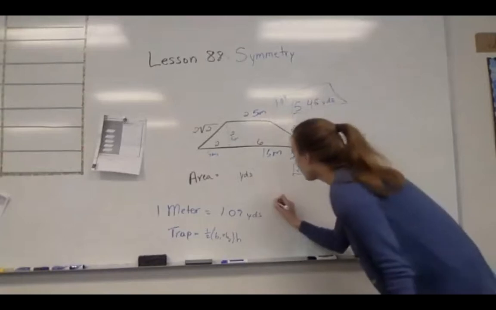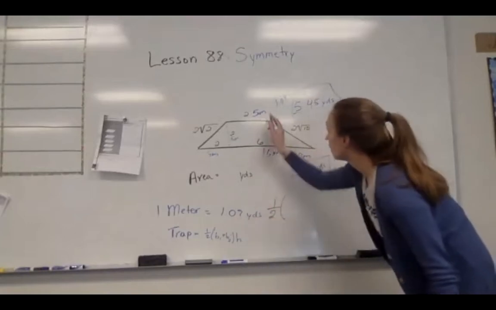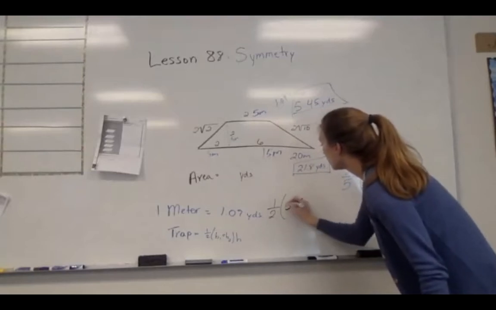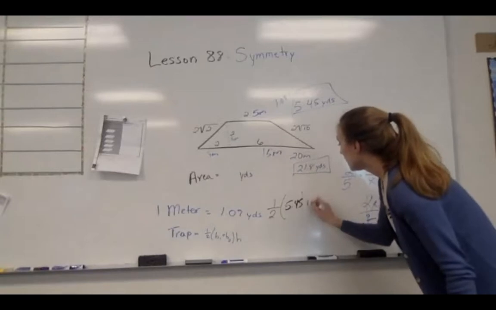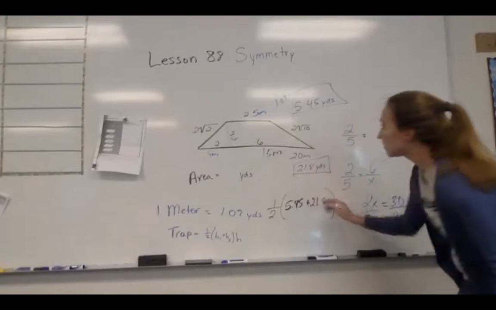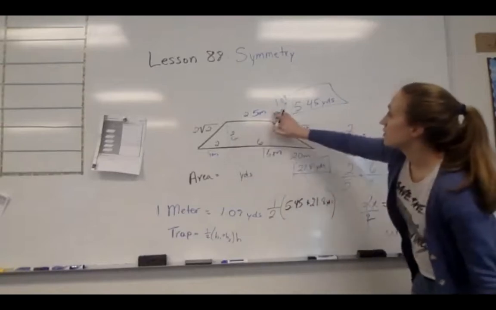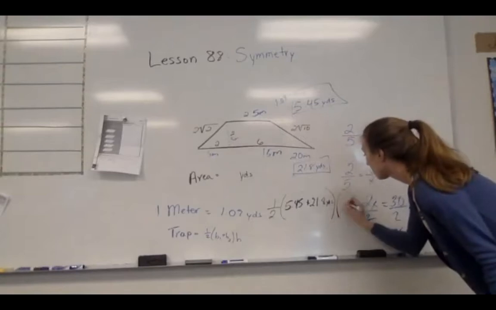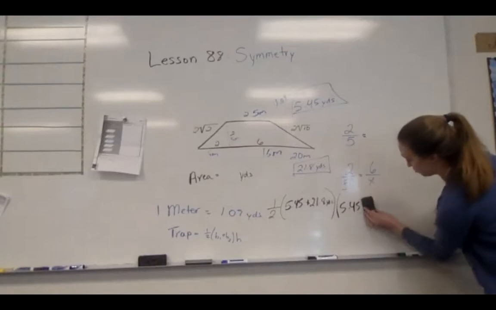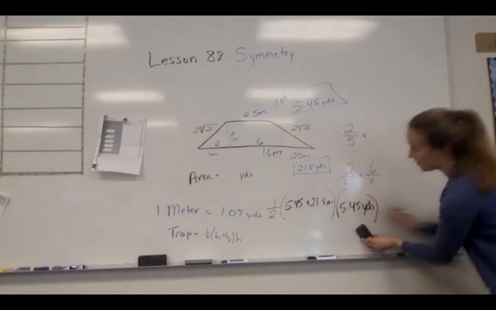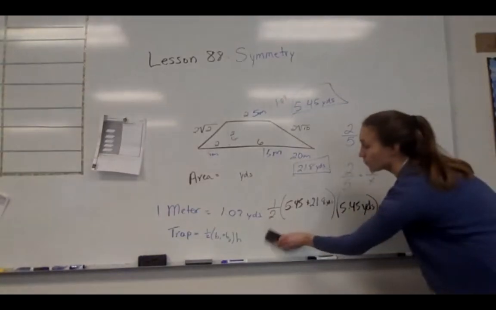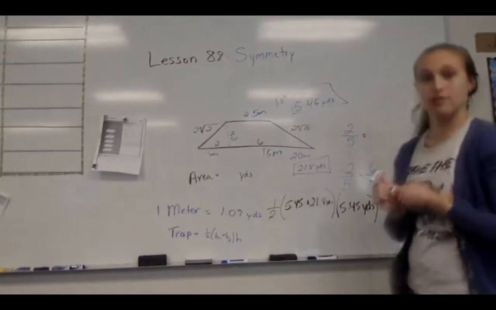So what you're going to do is 1/2 times B1, which was 5.45 yards, plus 21.8 yards, times my height, which is also 5 meters, so it's the same as 5.45 yards. You're going to add this, multiply it by this, and divide by 2. I'm going to see what you get there.